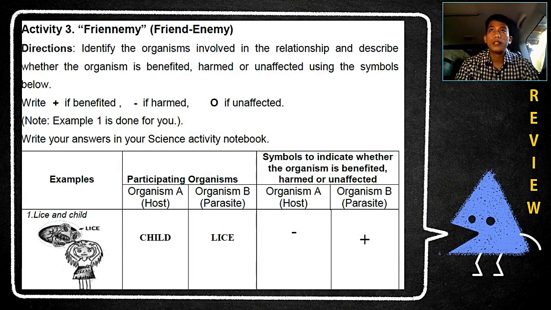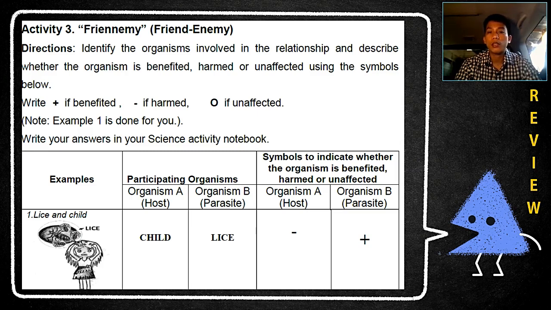So for the activity 3, frenemy or friend enemy. Direction: identify the organism involved in the relationship and describe whether the organism is benefited, harmed, or unaffected using the symbol below. Plus for benefit, minus if harmed, 0 if unaffected. So, example 1 is already done for you.